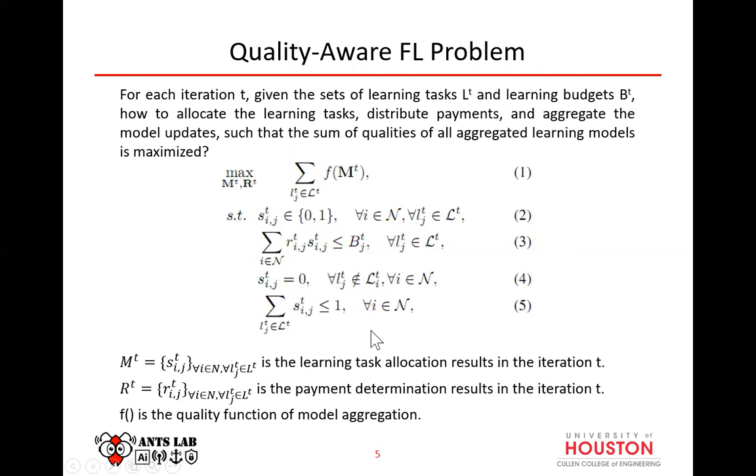I guess according to Maoqiang's explanation before, they may have defined 2 different sets. One is called LT, another one is LIT. So the 4 maybe means that LJT must be 0 when it does not belong to the feasible set. That's true. That's trying to say that during a specific round, one node can only participate in, say, tasks 1, 2, 3. They cannot participate in tasks 4, 5, 6.